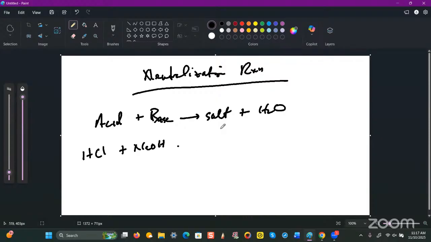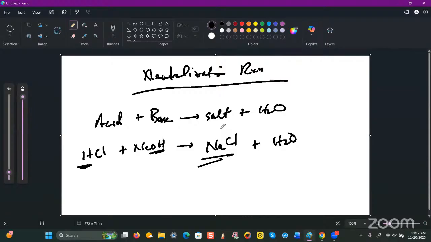So what's going to happen is, and this is what happens in neutralization reactions, the hydrogen from the acid will come together with the hydroxide from the base to form water, right? And then whatever is remaining will come together to form the salt. So in the case of NaCl, that's the salt that is formed from the reaction between the sodium hydroxide and the hydrochloric acid. All right?